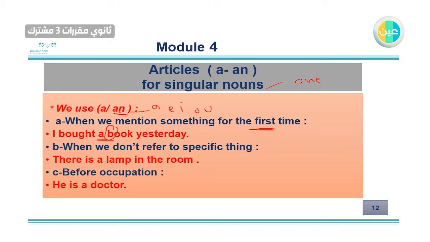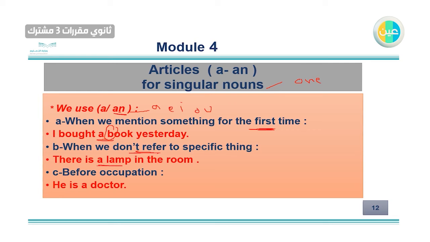Okay. Now number two, when we don't refer to specific thing, anyone, not specific thing. Like when I say there is a lamp in the room, not specific, anyone, okay, in the room.